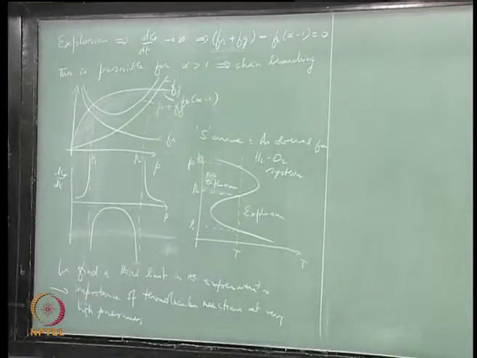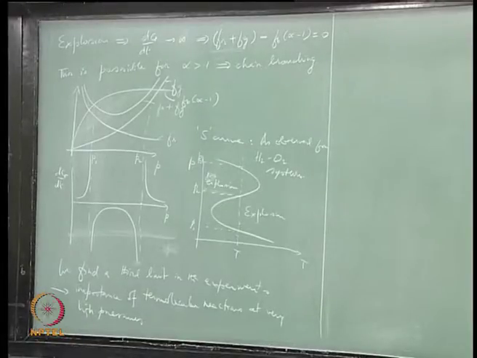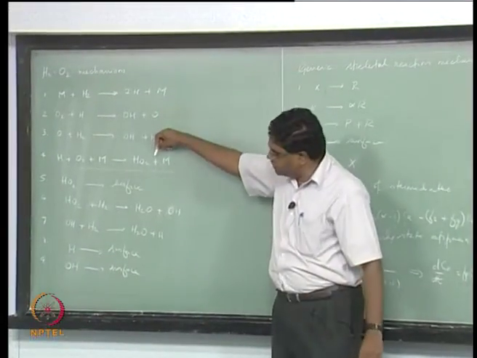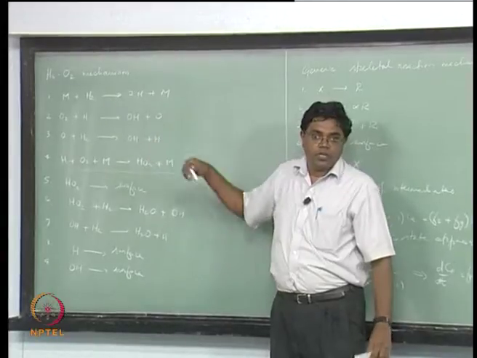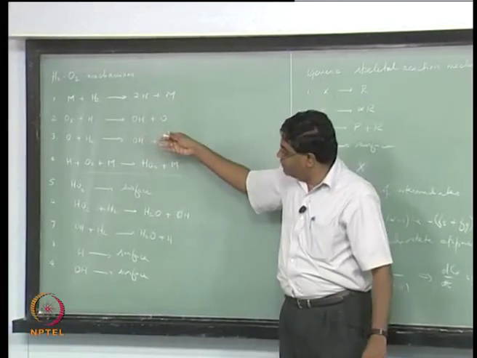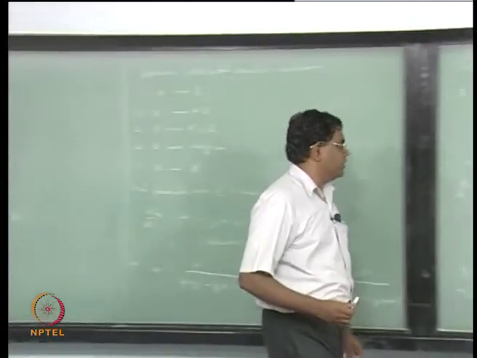So the production of HO2 is a hydroperoxy radical. So at very high pressures you now have the importance of production of hydroperoxy radical.